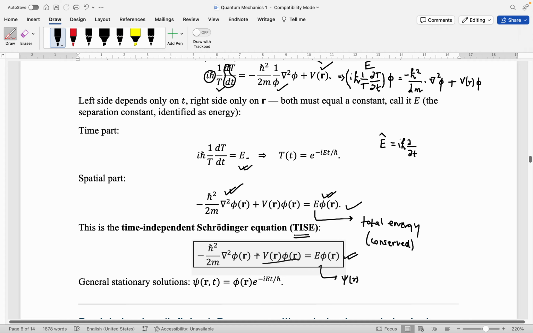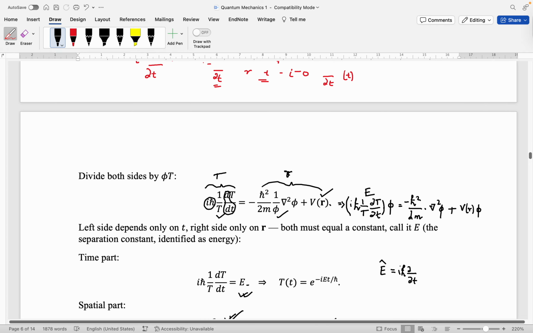Now, how do I remember both these equations? That's an important thing. You can just remember one of them. So let's remember this: minus h cross square by 2m del square psi r plus v r psi r is equal to E psi r. If you remember this, you can also remember Schrodinger's time dependent equation. In the time dependent equation, the energy is written in terms of the time operator.